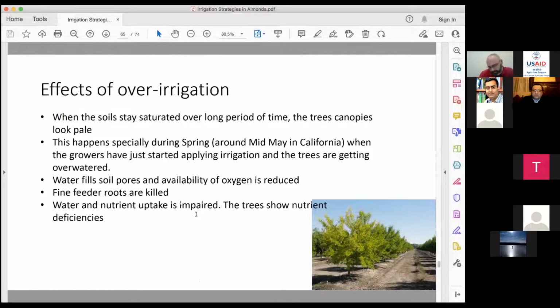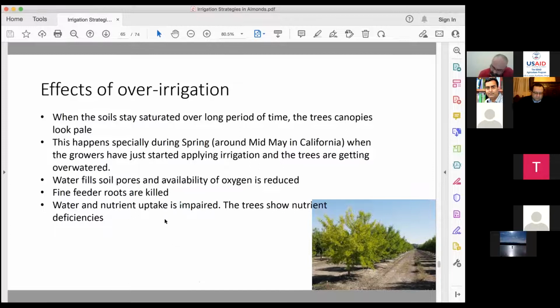And during my visit to Georgia, I saw some scenarios where you're probably having higher water applications and the trees showing poor health. Along with the over application, the nutrient uptake is impaired because of the fine feeder roots being killed, and also because of the nutrients being leached below the soil profile.